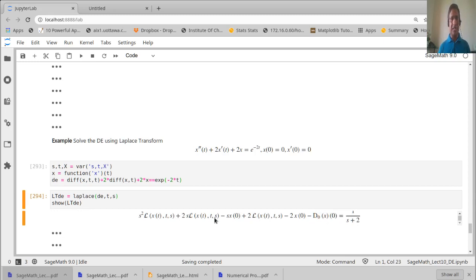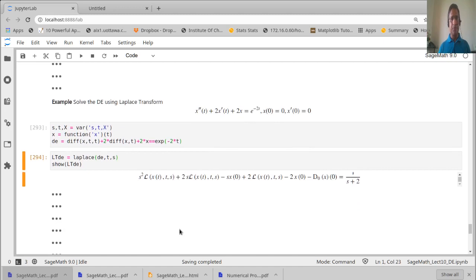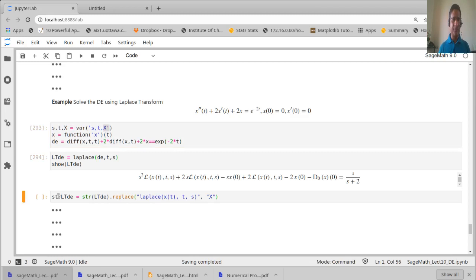Okay, now what we are going to do is replace this Laplace transform by some variable, let us say capital X. That is why we have declared capital X here. So let us do that. First convert this equation into a string. That is the meaning of strLTDE.